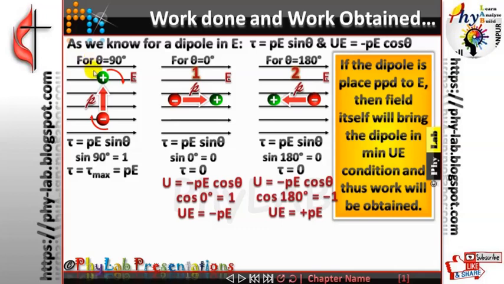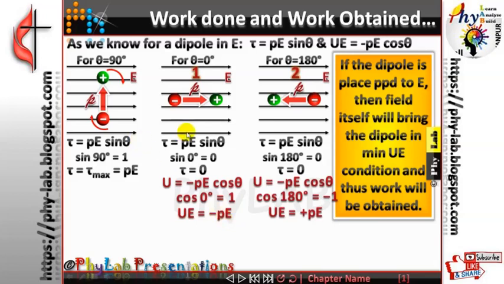Similarly over here, the torque applied by the electric field rotates the dipole and brings it to the orientation of minimum potential energy, so that the dipole moment becomes parallel to the electric field. You have just learned that the potential energy in this orientation is minus PE.